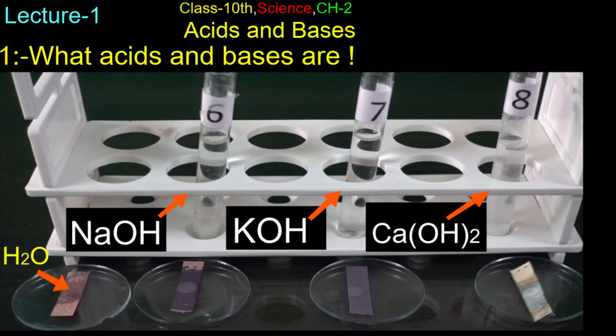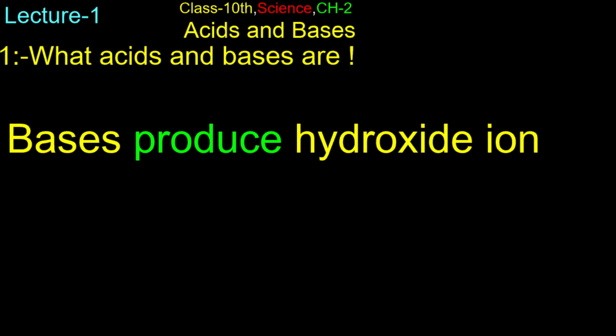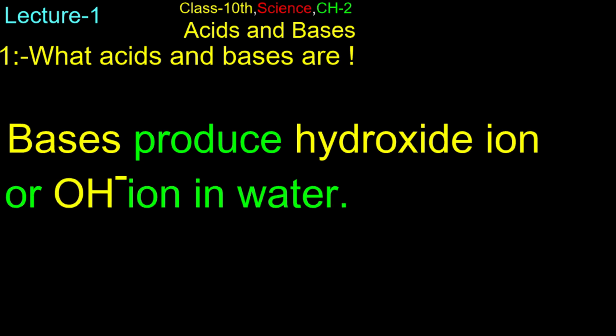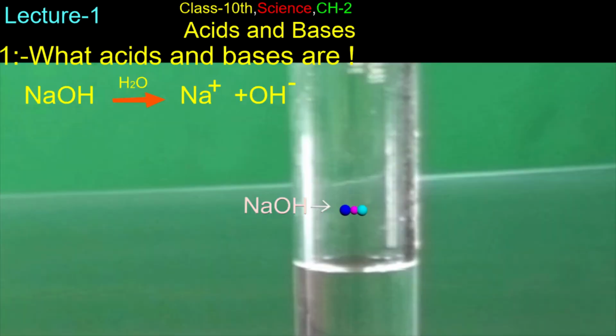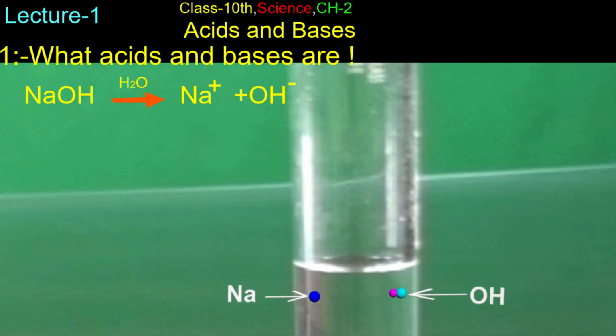All these bases produce hydroxide ions in water. For example, sodium hydroxide, when dissolved in water, produces sodium ions and hydroxide or OH- ions.